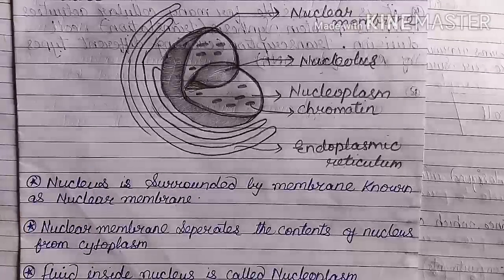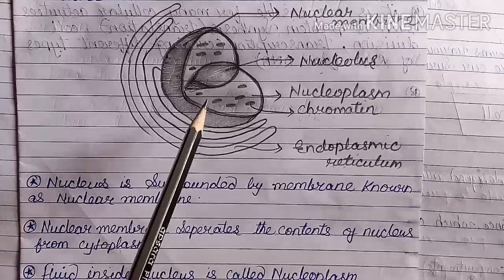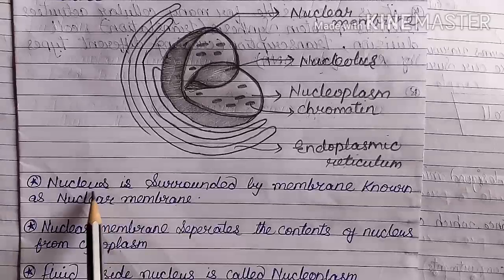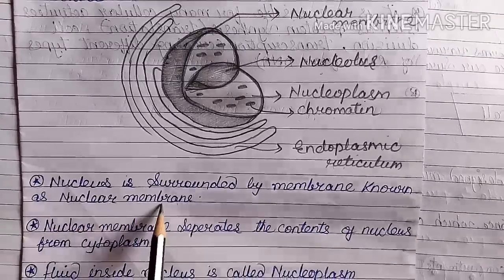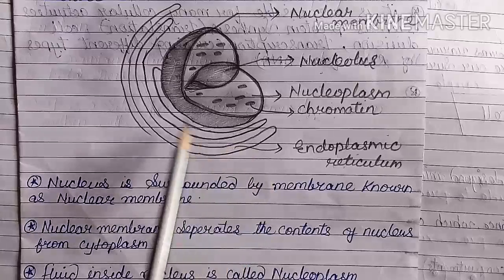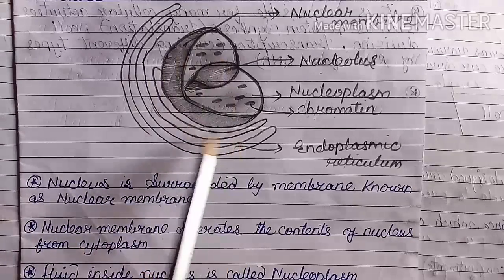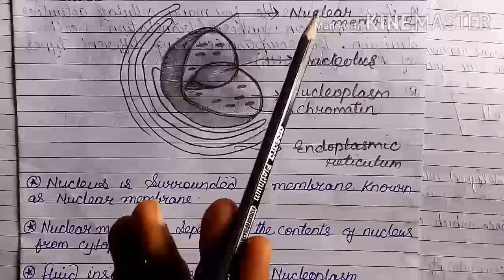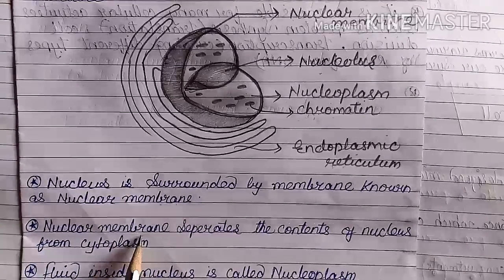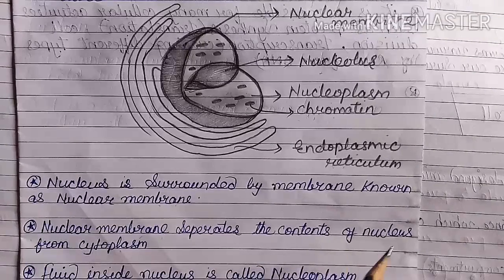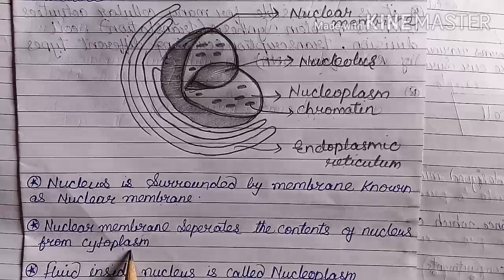Let's quickly see the description of this structure. The first point is, nucleus is surrounded by a membrane known as nuclear membrane. The second point, nuclear membrane separates the content of nucleus from cytoplasm.